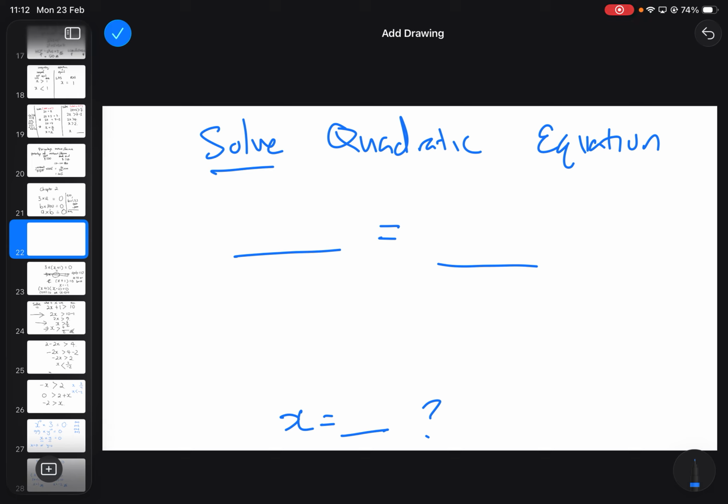Okay? So in these 3 words, the only thing that is new is this quadratic. Okay? So quadratic means inside your equation, your unknown can go up to the power 2. So you will have an x to the power 2 term, you will have an x term, then you can have some numbers.